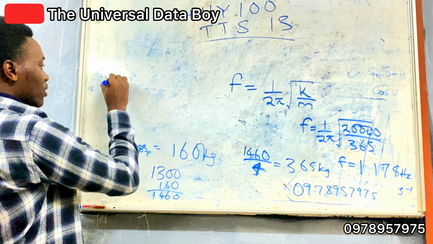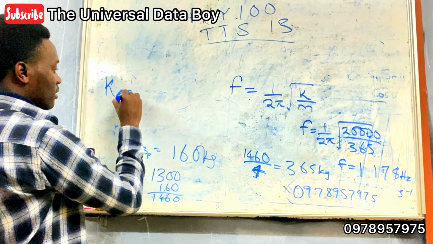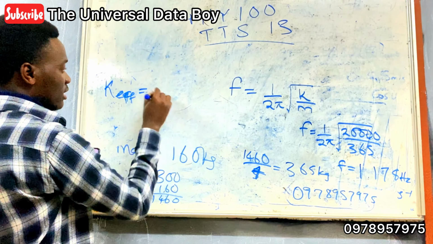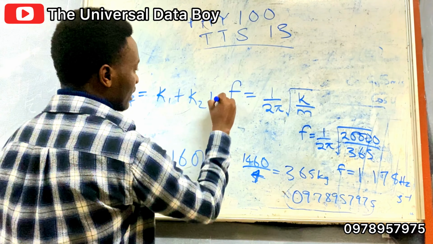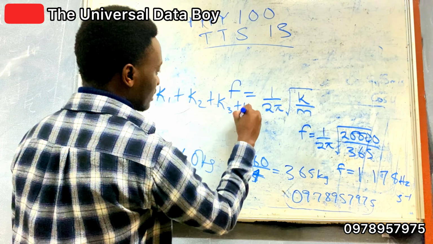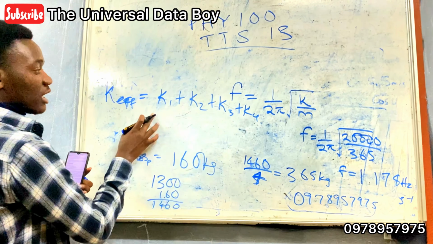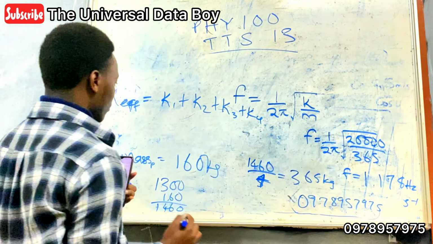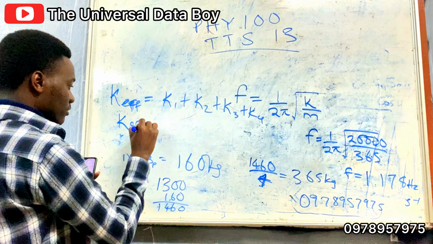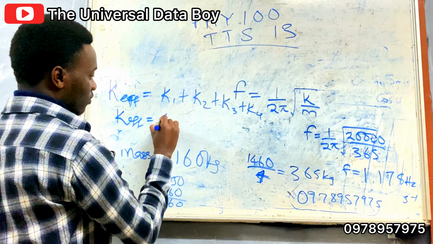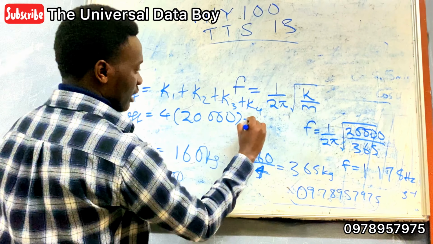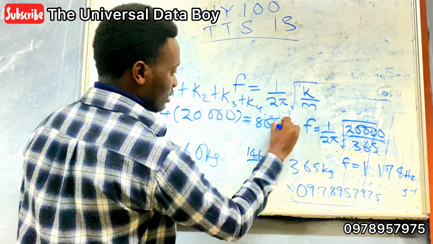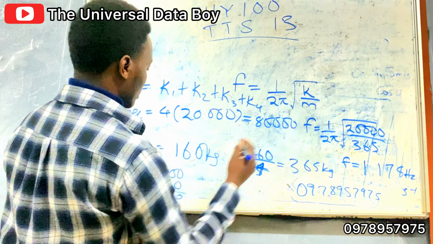We know the K effective, or the K equivalent, is just equal to K1 plus K2 plus K3 plus K4. In this situation all the K's are the same, so I'm just going to multiply this one by 4. So the K effective is going to be equal to 4 times 2,000, which gives us 8,000.